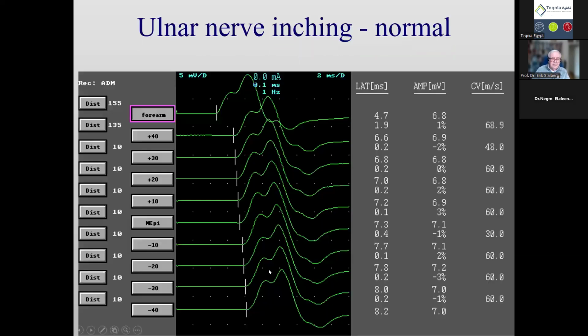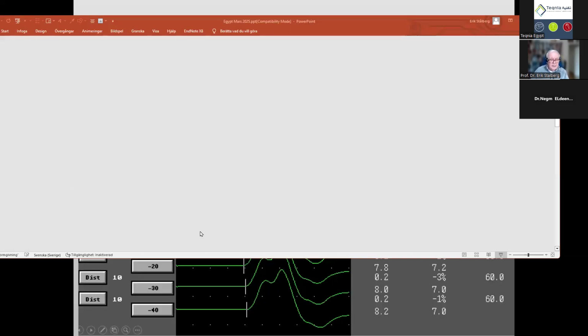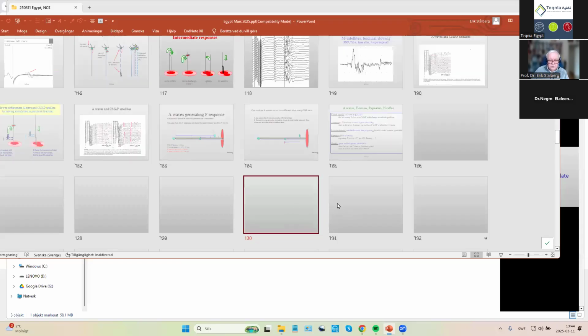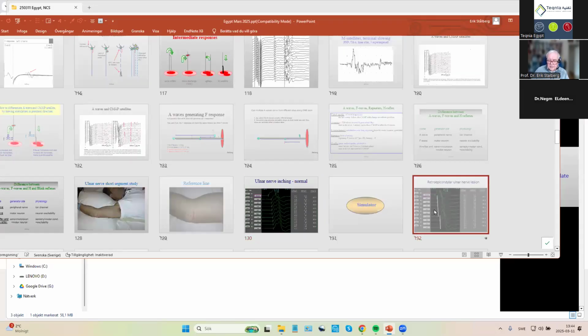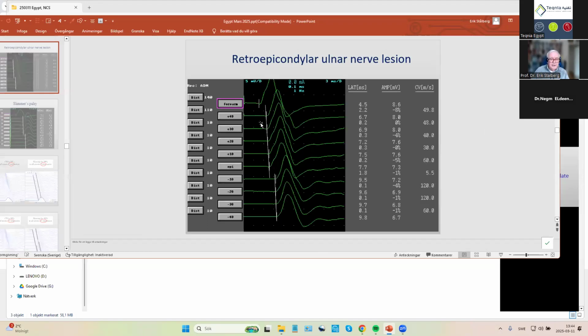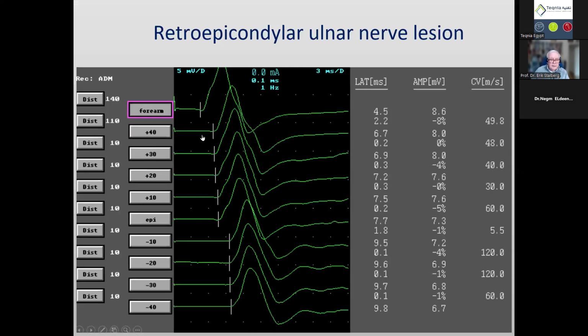And sorry, I must show this slide also. Here, if we have an abnormality in the retroepicondylar region, then we have increasing latency when we stimulate below the sulcus, and then at the sulcus, all of a sudden, we have a jump, and then they continue like in the normal nerve.